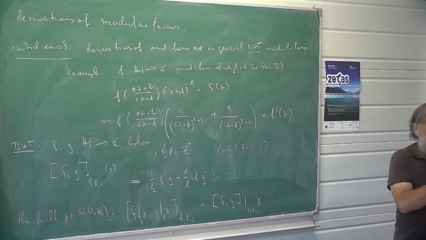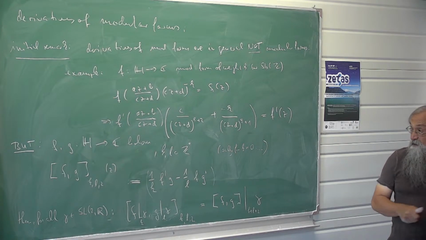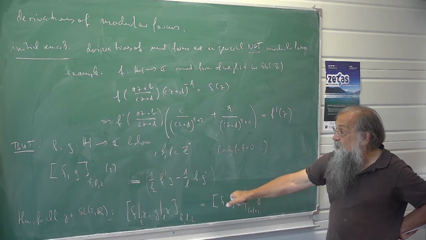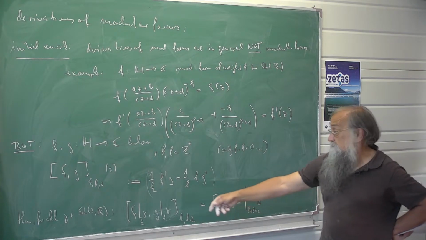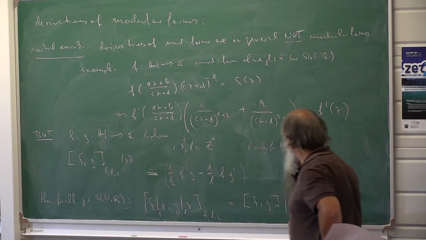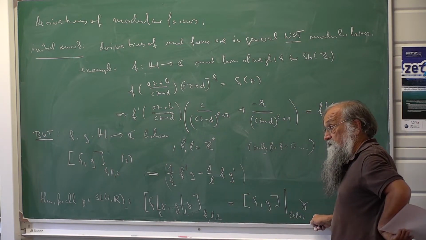So by starting with a pair of functions, we can get a bilinear differential operator which changes weights k and l to k plus l plus 2.